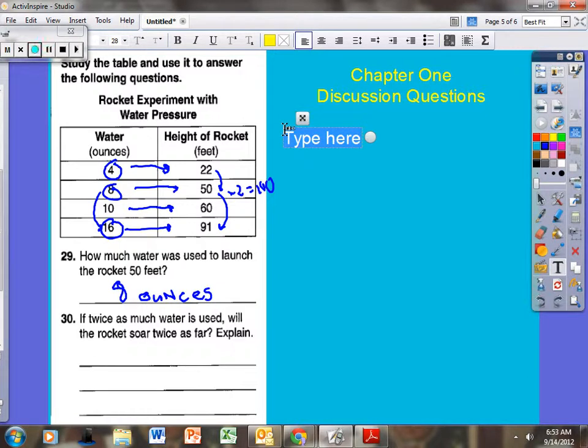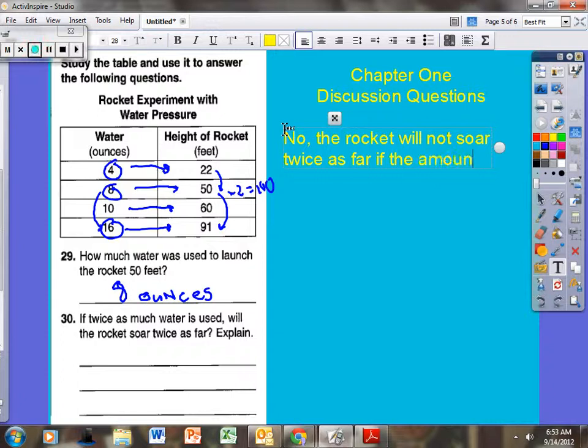So, my answer, if twice as much water is used, will the rocket soar? No. The rocket will not soar twice as far if the amount of water is doubled.